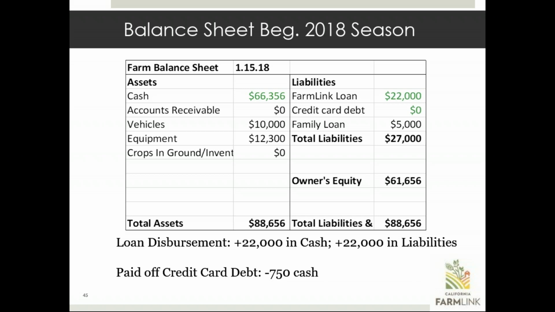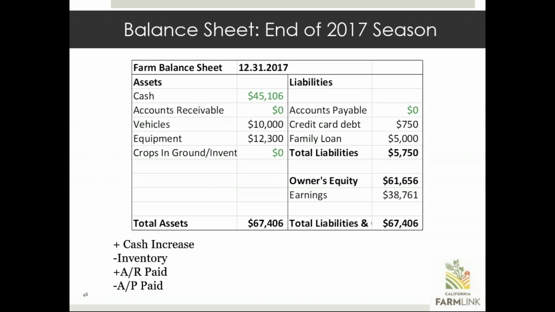And so if you go to the next slide, we can see what his cash position was prior to getting those loan funds, and that he didn't have that liability there. And he also received accounts receivable, received payments that were pending, and also made some payments.